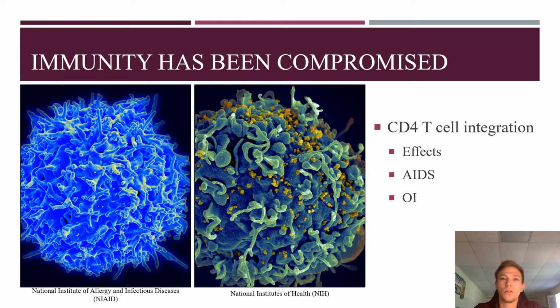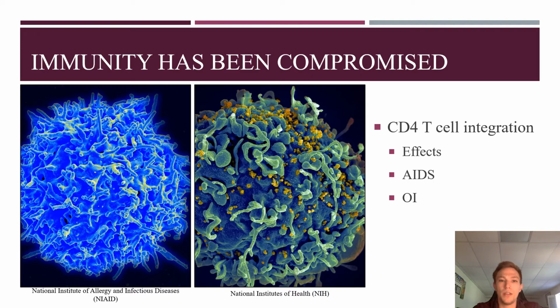CD4 T cells are a major immune system cell, also referred to as helper cells, which are responsible for recognizing incoming infections or issues within the body, binding to that, and then recruiting other cells, being CD8 cytotoxic cells, phagocytes, or antibodies, to come and eliminate the infection.